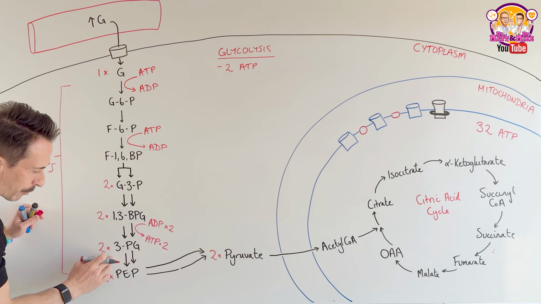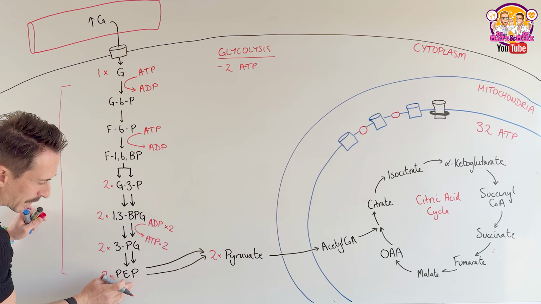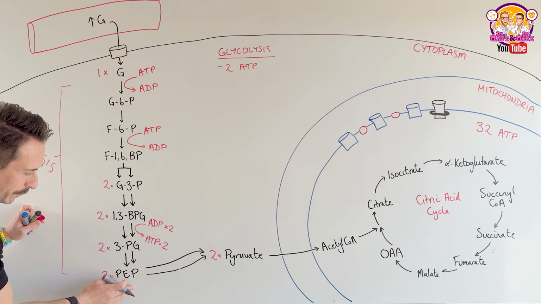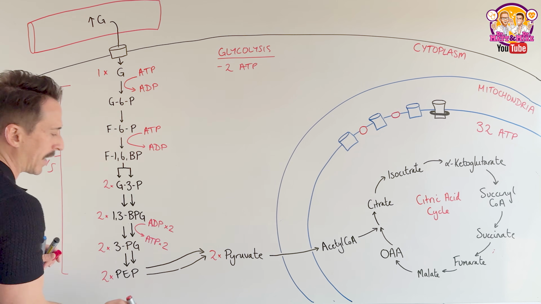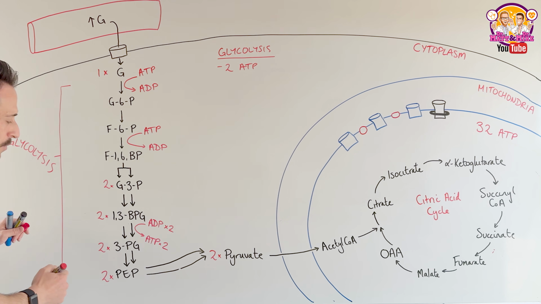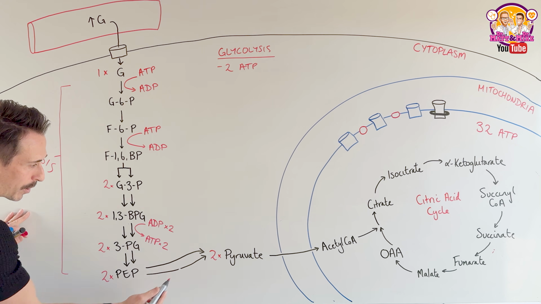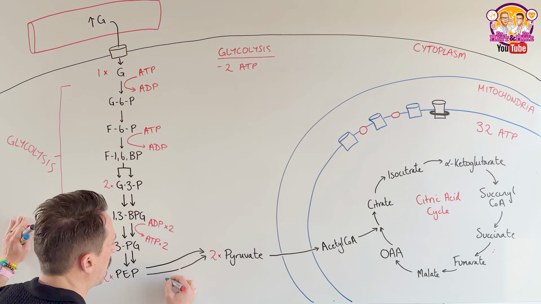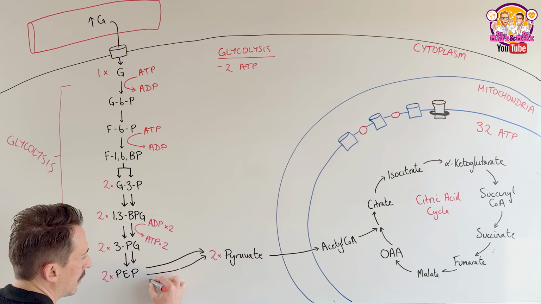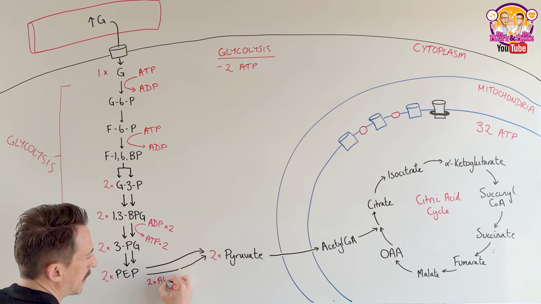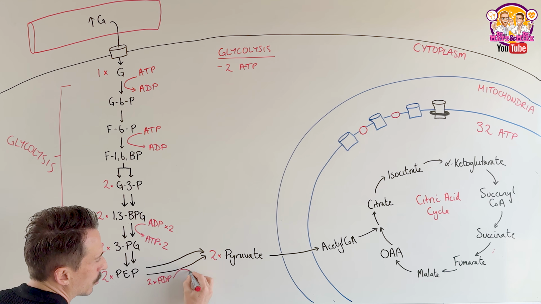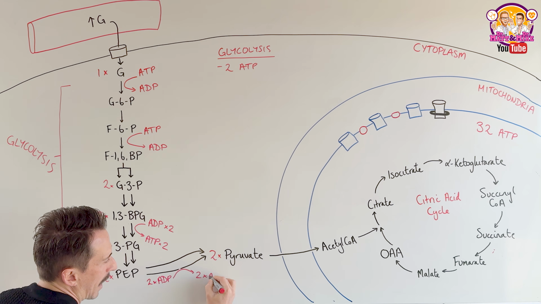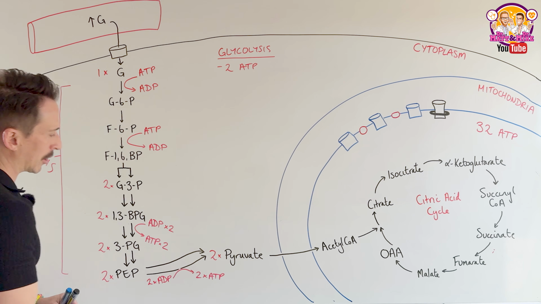Then we go to 3-phosphoglycerate, and then phosphoenol pyruvate, and we turn 2-phosphoenol pyruvate into 2-pyruvate, and in this process of turning phosphoenol pyruvate into pyruvate, we generate more ATP again. So we take 2 ADP and we turn it into 2 ATP. So look at that.